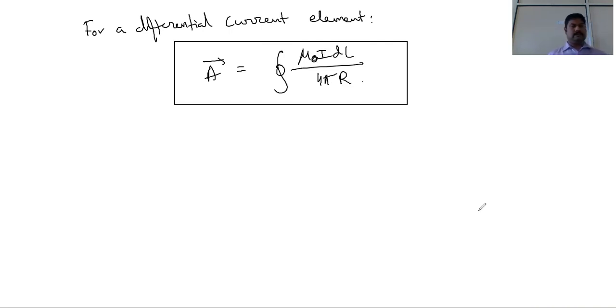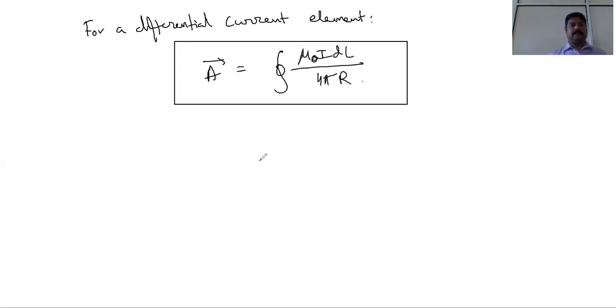So this is called the vector magnetic potential. Very important: it is a potential to which when you apply a curl, you end up with magnetic flux density B.